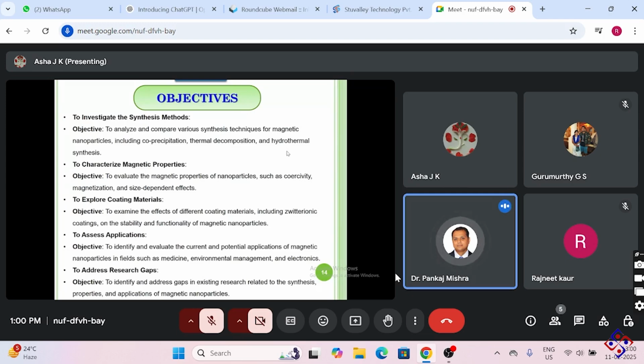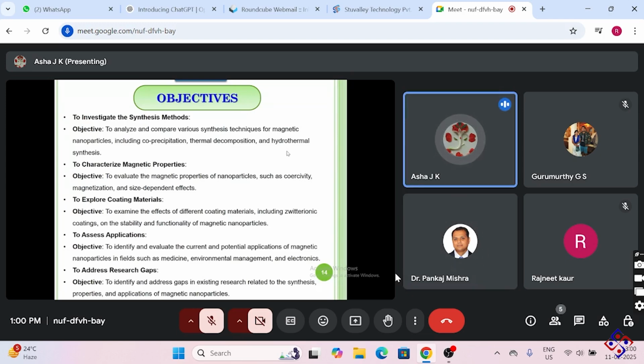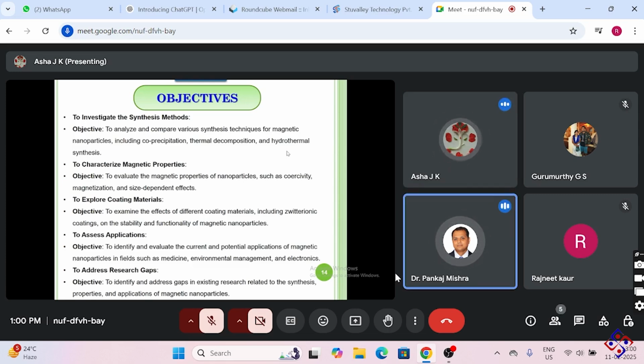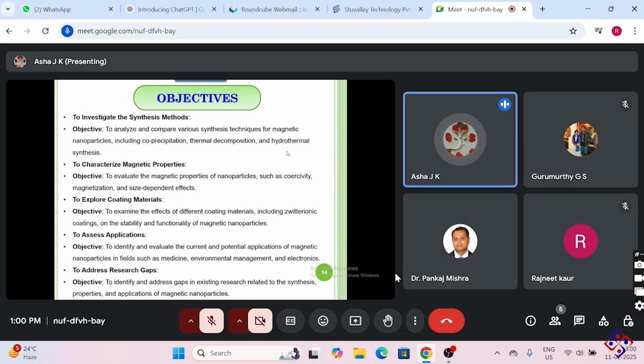What type of biomedical applications? Sir, in case of MRI, that is magnetic resonance imaging, nanoparticles of magnetite are used to enhance the scannings in MRIs. And these are used in hyperthermia in cancer treatment.